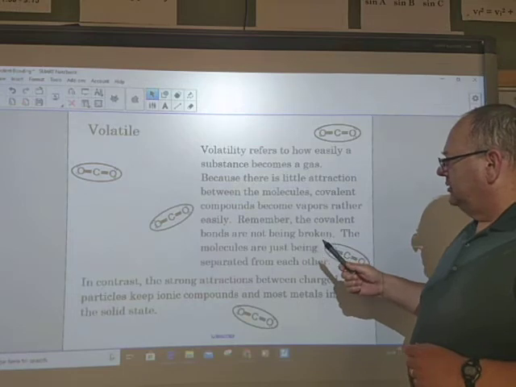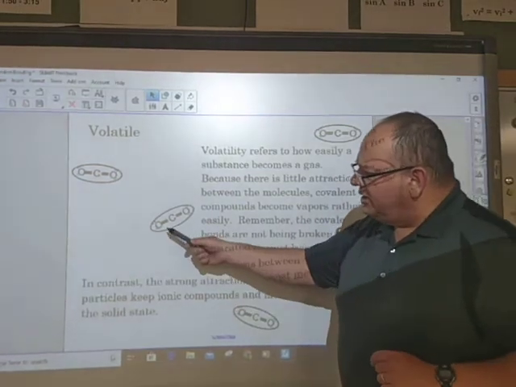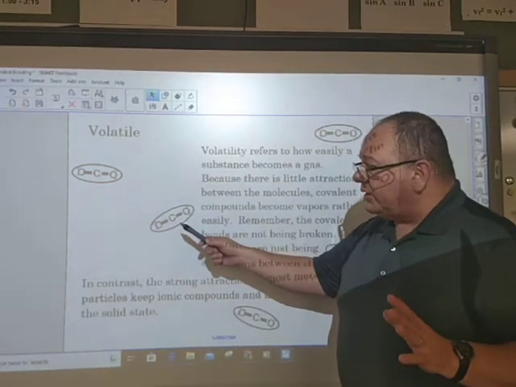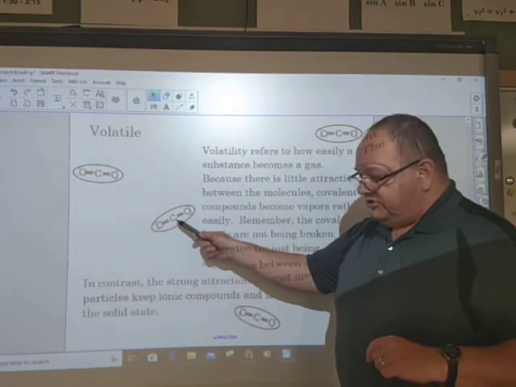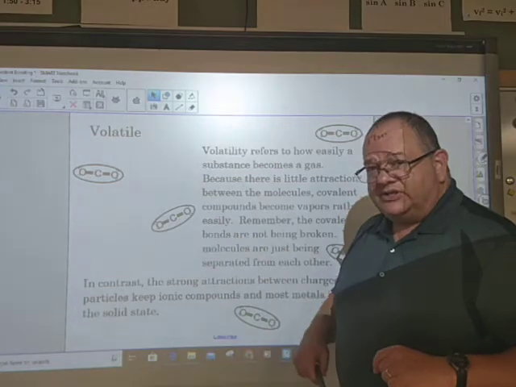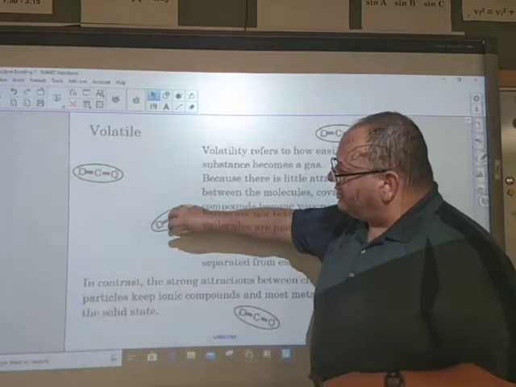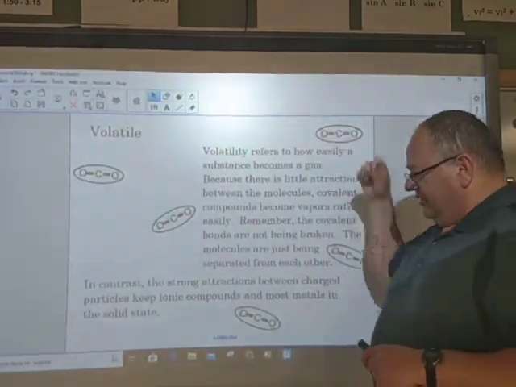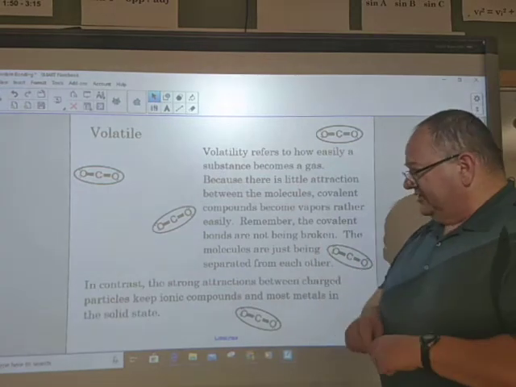Now, I did want to remind you here, the bonds are still not being broken. That oxygen is very strongly bonded to that carbon, and also on this side. But that molecule is not strongly attracted to these other ones, so it can turn into a gas.